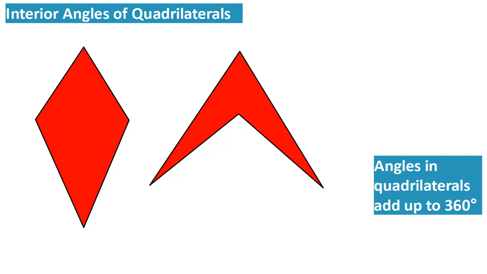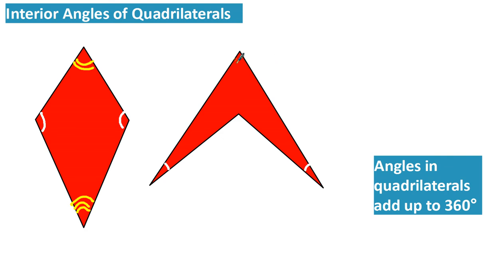And finally, the kite or the arrowhead. In the kite or the arrowhead, these two angles are equal. Those two angles are equal in the arrowhead. However, this angle at the top is different to the angle at the bottom.